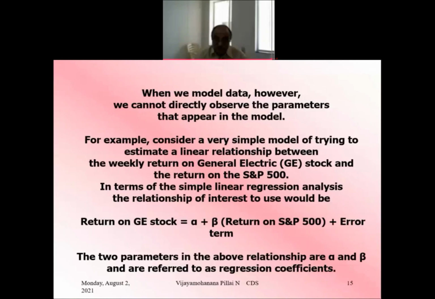In terms of simple linear regression analysis, we can write this relationship as follows. The return on GE stock is equal to alpha plus beta times the return on the S&P 500, plus an error term epsilon_t. We have two parameters in this simple linear regression, alpha and beta, and they are referred to as regression coefficients.